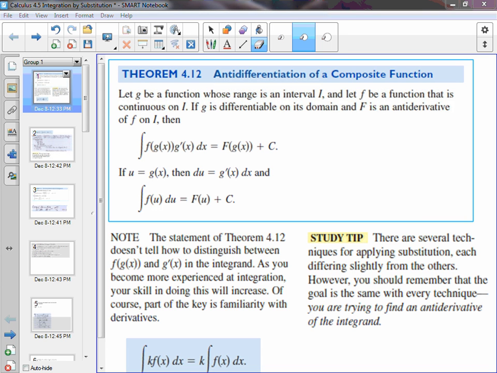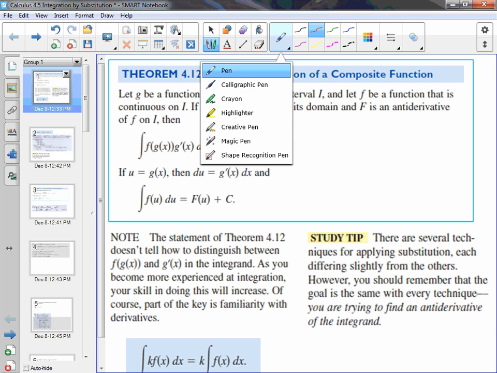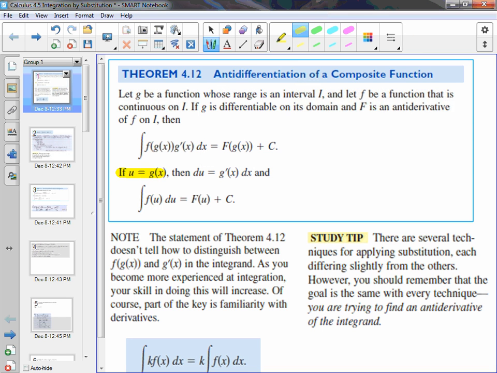Right, let's look at the bottom part of the theorem called anti-differentiation of a composite function. It says, if u equals g of x, have we ever seen something about let u equal whatever? Have we ever seen something like that before? Chain rule, right? If u equals g of x, then du would be, then you'd have to chain rule that.